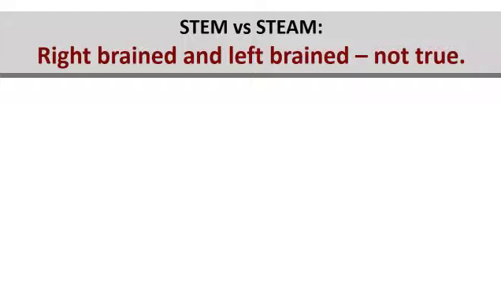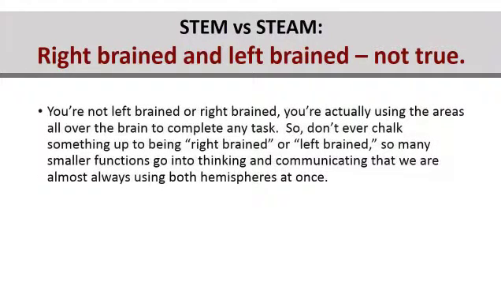Right-brained and left-brained. It's not true. You might have heard before that you might favor one hemisphere over the other. One's more creative and one's more analytical. But that's been disproven in the last few years. So don't ever chalk something up to being right-brained or left-brained. So many smaller functions go into thinking and communicating that we are almost always using both hemispheres at once.